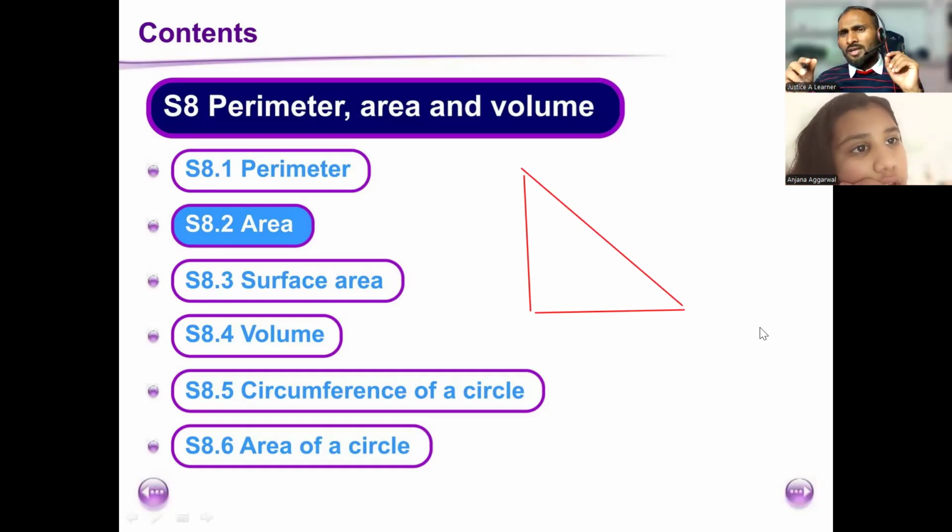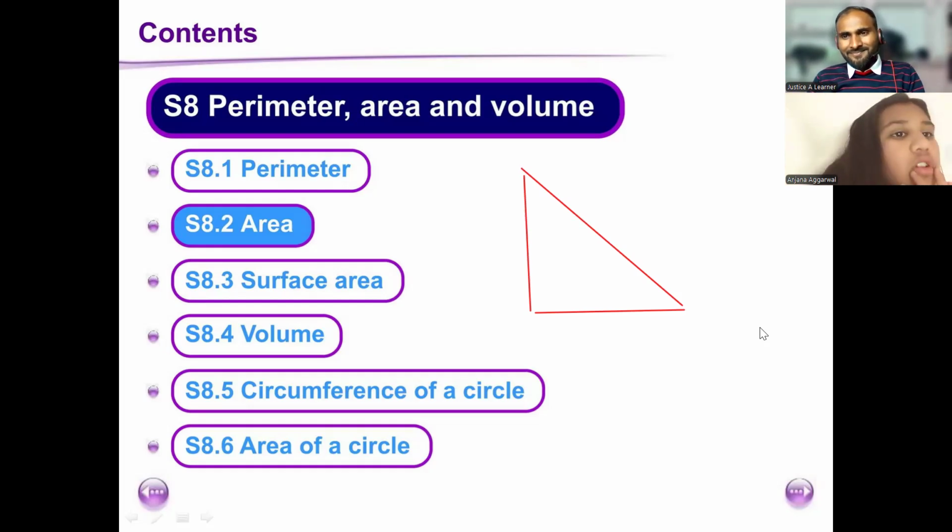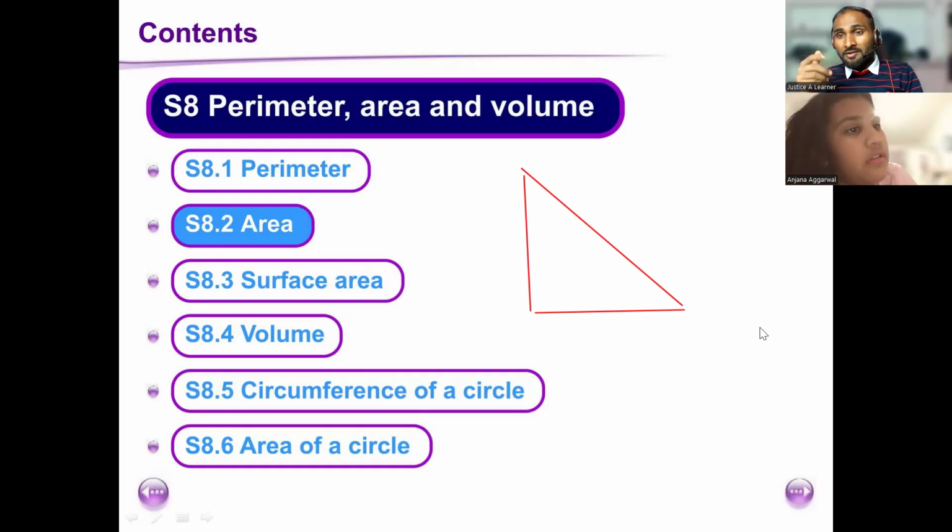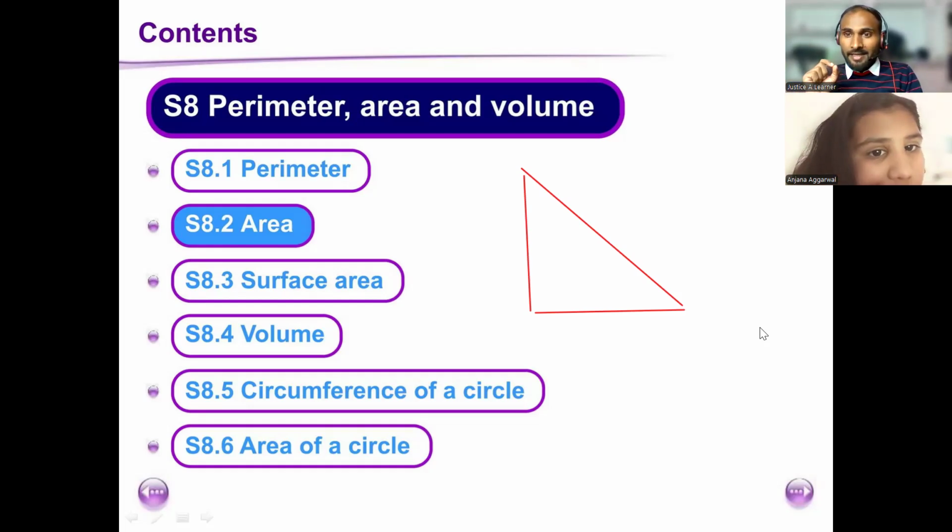So you told me L into W. Where is L and where is W? Can you find it in the triangle? I can't hear you properly. You said the area of the right angle triangle is half into L into W. Can you specify what you considered length, that means L, and what you considered width?